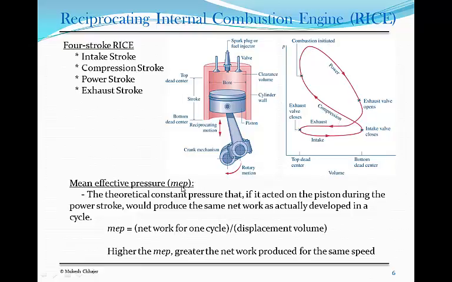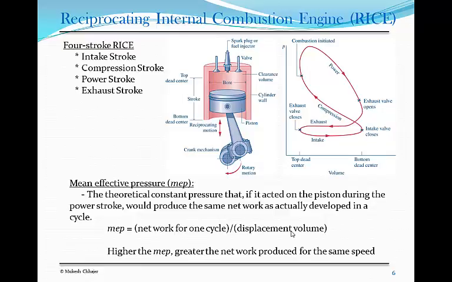So just to get an idea of how much work we are going to get out of this, there is something called mean effective pressure, and that's defined as the net work for one cycle divided by the displacement volume. You remember that in general the work is the integral of P dV. So if the pressure is constant, then it will be just the change in volume.